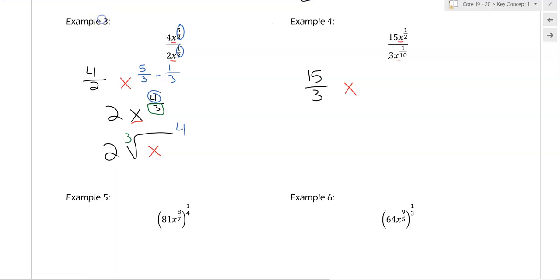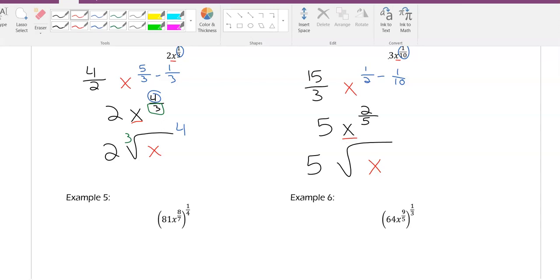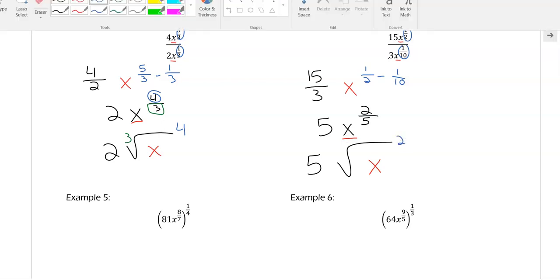And then again, division means I'm subtracting those exponents. 1/2 minus 1/10. 15 divided by 3 is 5. X, 1/2 minus 1/10 is 2/5. Again, drawing that radical, the 5 just comes down because there's no parentheses. Sorry about the bell. Then we have our middle, our right, and our left.